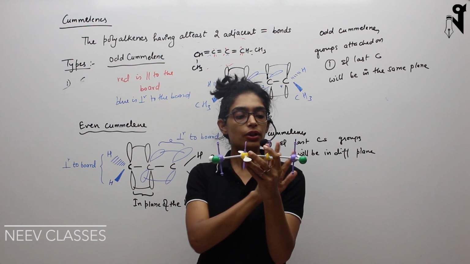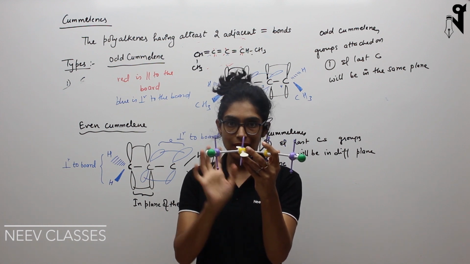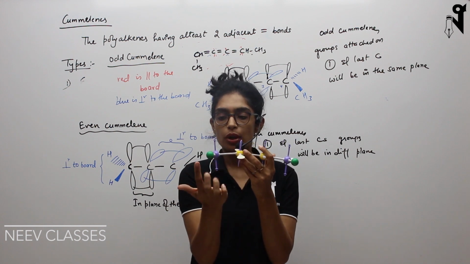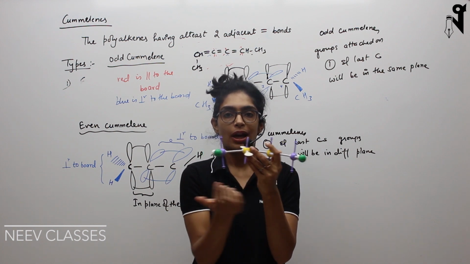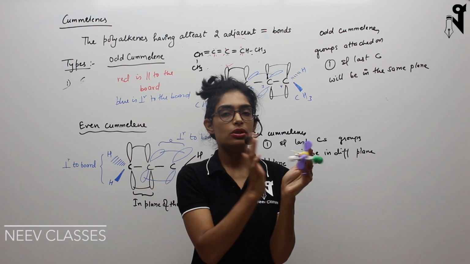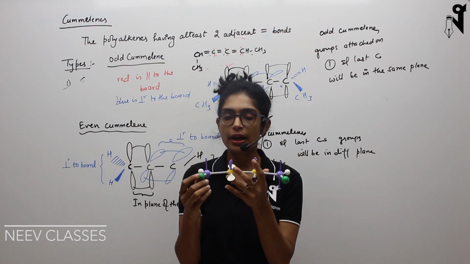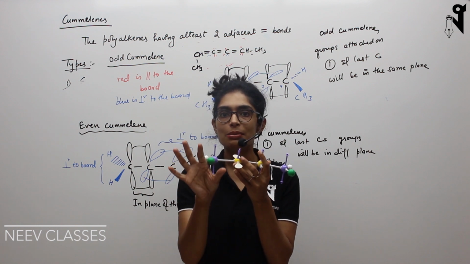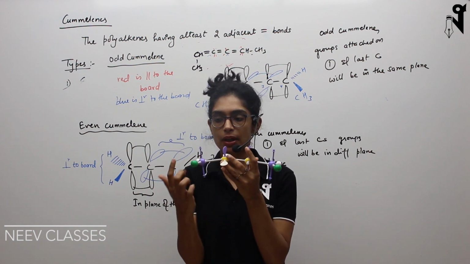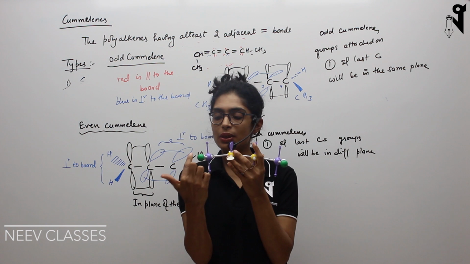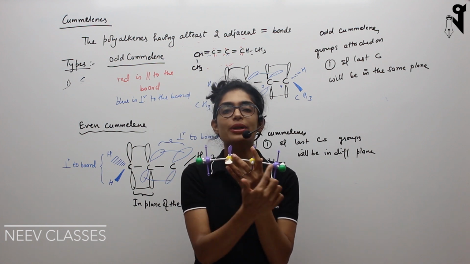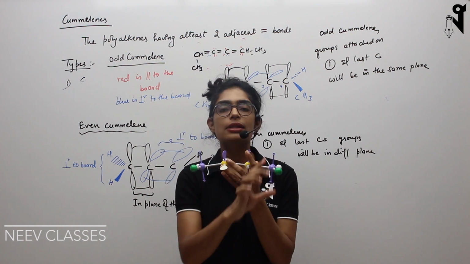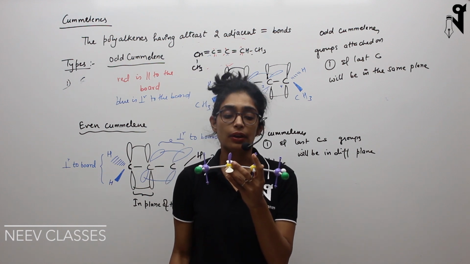Both of the hydrogens are away from you, the viewer. If you are looking at the molecule, the CH3s are towards you and these hydrogens are away from you. So both of the CH3s are in the same direction, correct? So the distance between this carbon and this carbon is going to be L1.